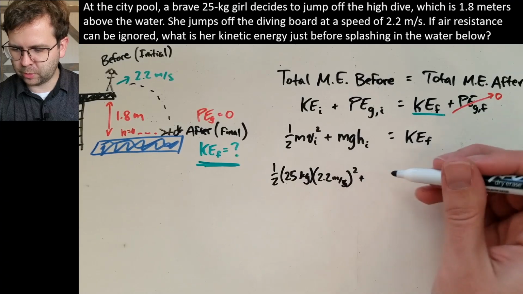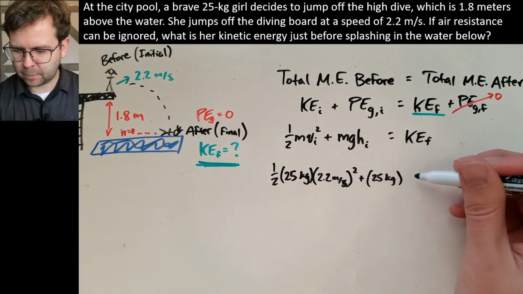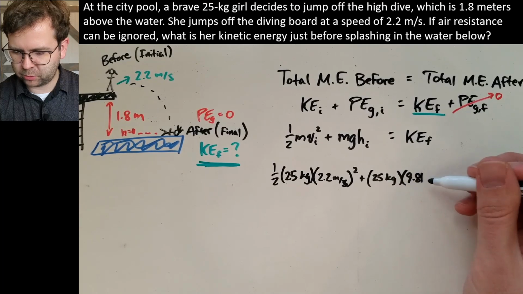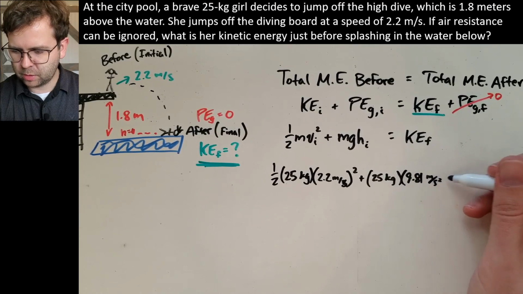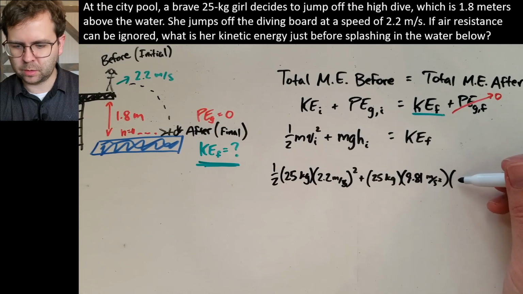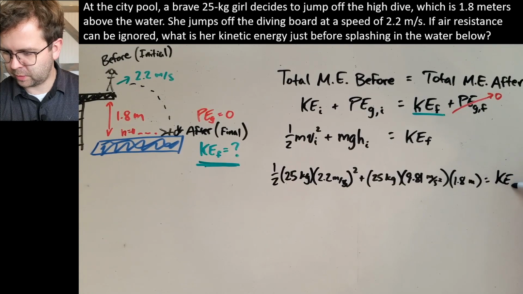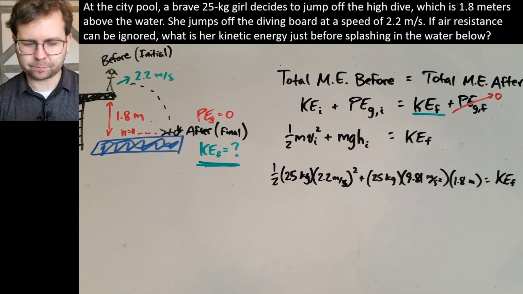Don't forget to square the speed. And then mass again times the acceleration due to gravity, which I'm using 9.81. You might also see it rounded to 10. And that's equal to the kinetic energy at the end here.